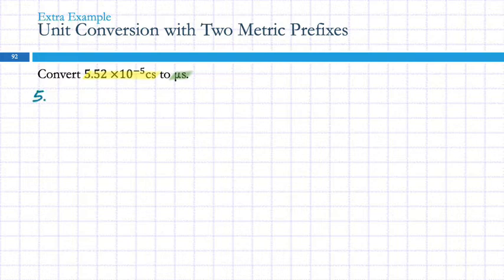I'm going to write down the number with its unit, 5.52 times 10 to the minus 5 centiseconds, and I'm going to microseconds. Both of these units have prefixes, so I have 2 prefixes, 2 steps. And the thing in the middle is the unit without a prefix.